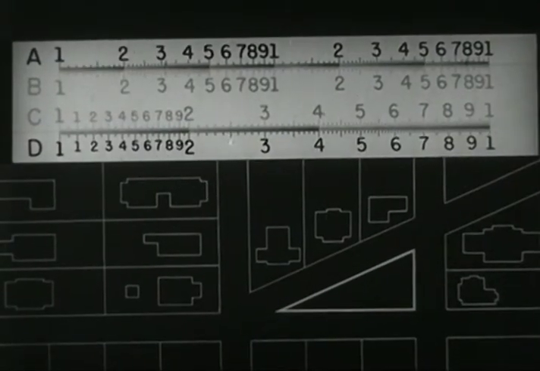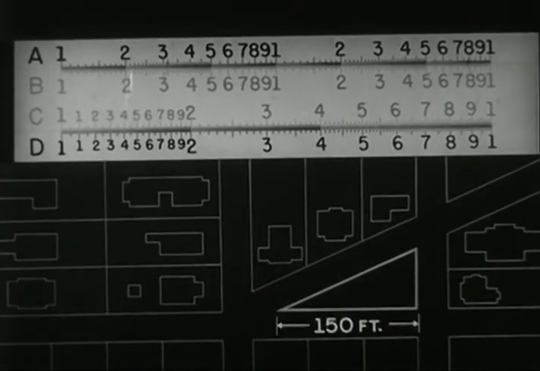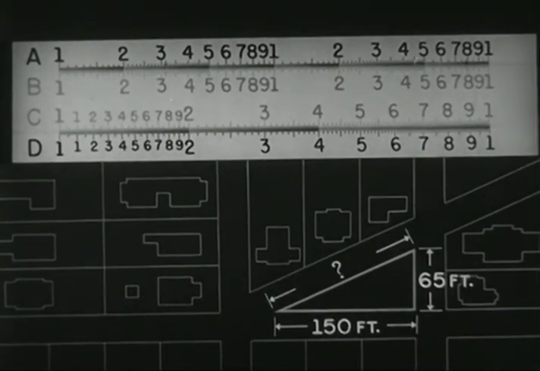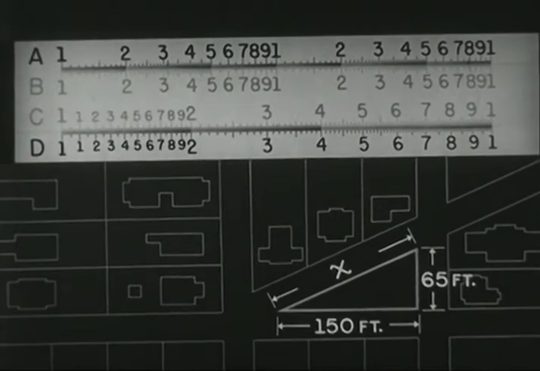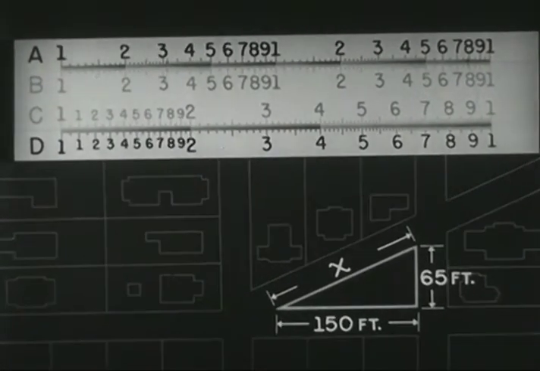As an example of a practical problem involving squares and square roots, a piece of land is in the shape of a right-angled triangle. One side measures 150 feet, another 65 feet. What is the dimension of the long side, x? X in this example is the hypotenuse of a right-angled triangle.